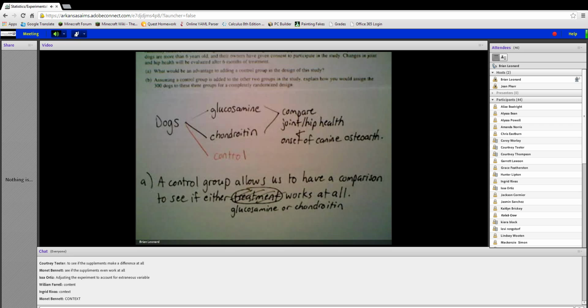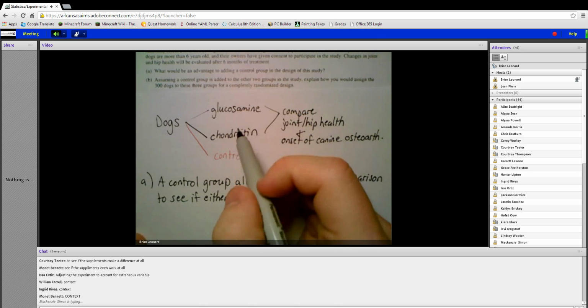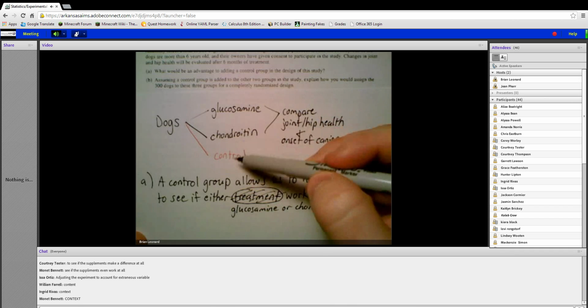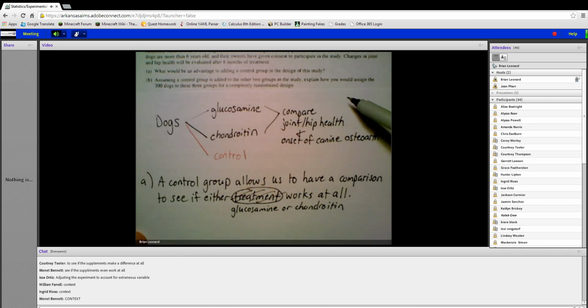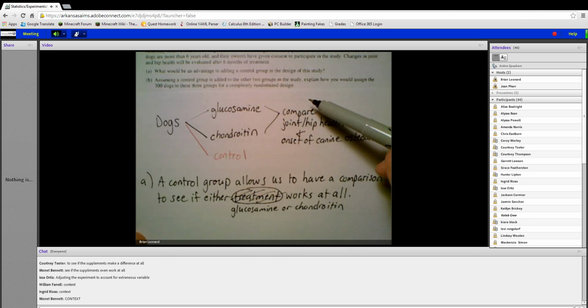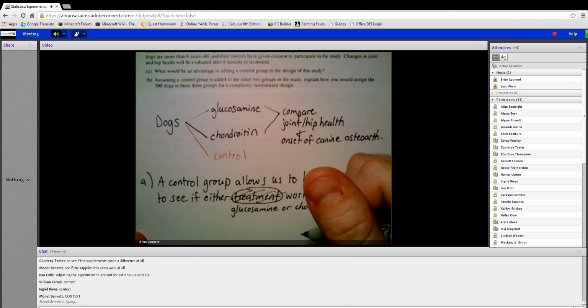All right, let's jump down here to letter B. It says, assuming a control group is added to the other two groups in the study, explain how you would assign those 300 dogs to the three groups for a completely randomized design.